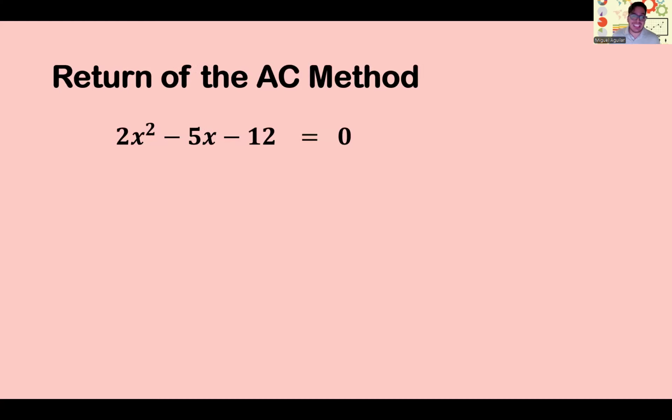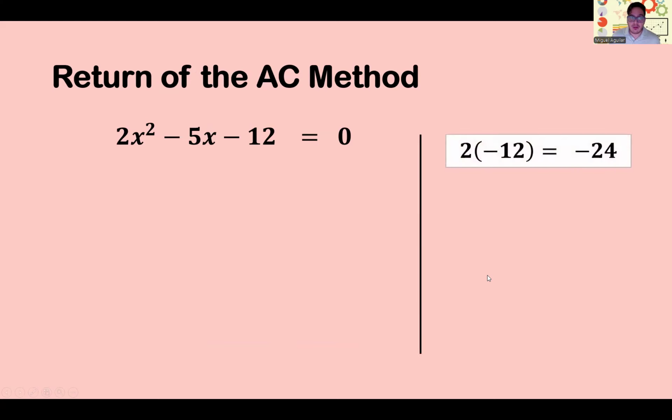Okay, but once we get that set equal to 0, if we have three terms on the left-hand side, we can apply the AC method, which in this case we took 2 times -12, multiplied that out, and then found all of the factor pairs of that product.